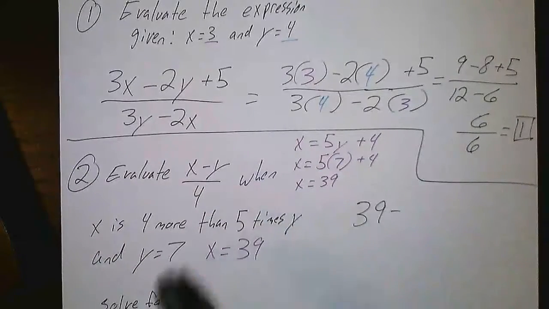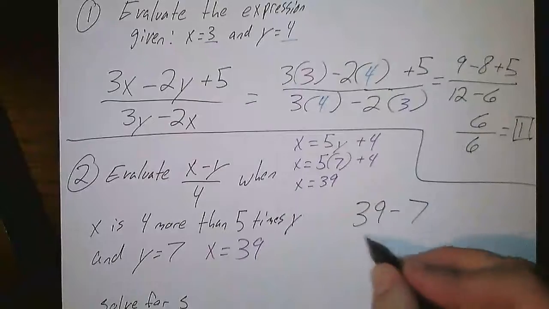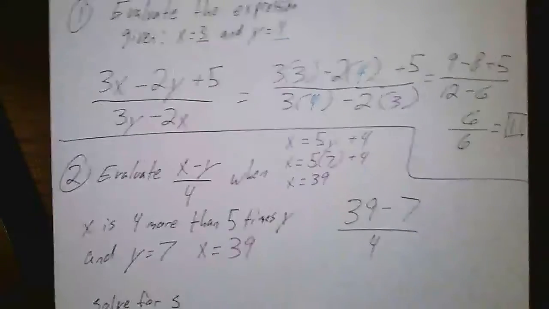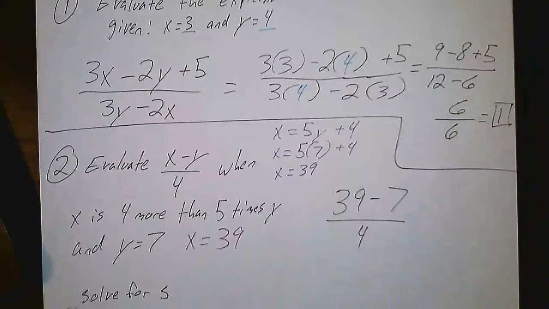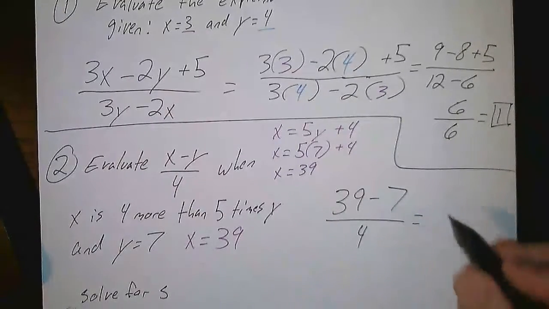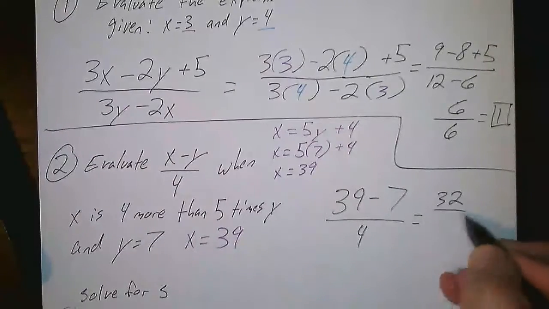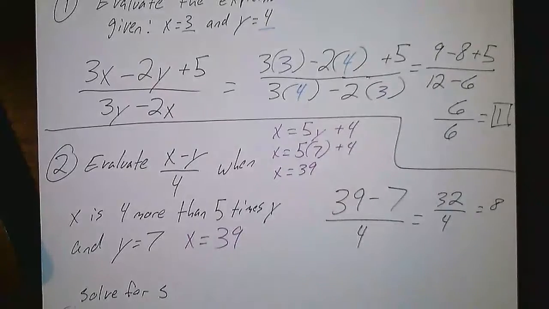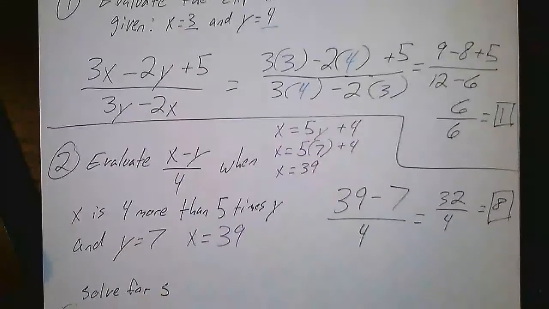I will replace y with 7. And this is over 4. So 39 minus 7, we can simplify the numerator here. That's 32 over 4. And 32 divided by 4 is 8. So that's another kind of question you might see.